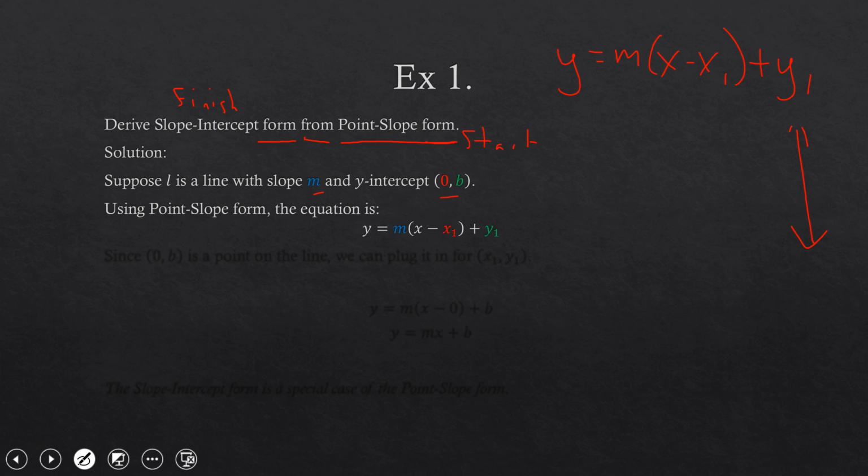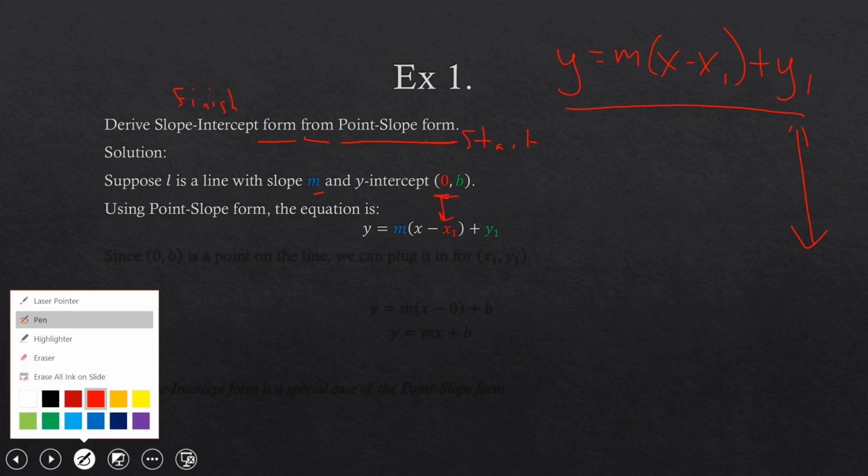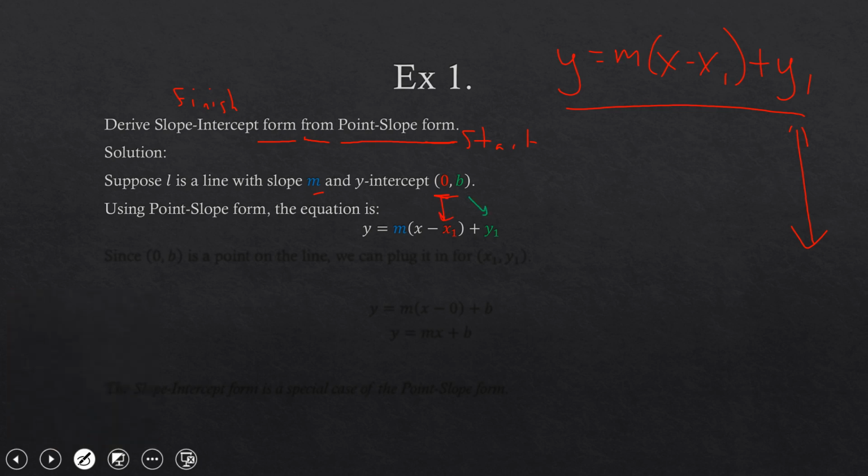So if we use point-slope form, that's this one up here, we have an equation for the line, y equals m(x minus x1) plus y1. And I color-coded this for a reason. We're going to use the point (0, b) for x1 and y1.